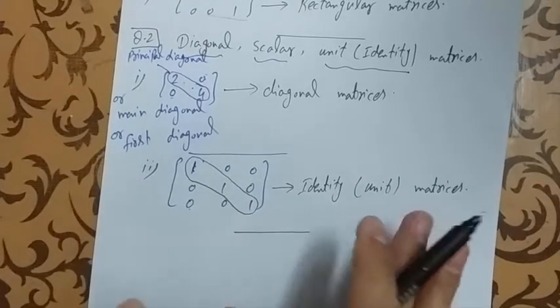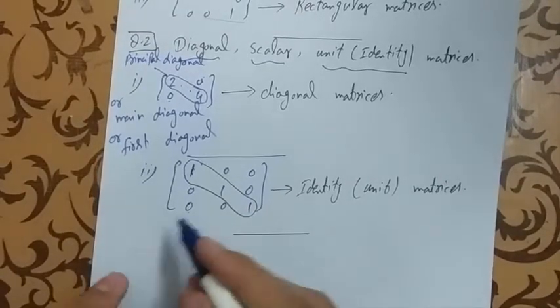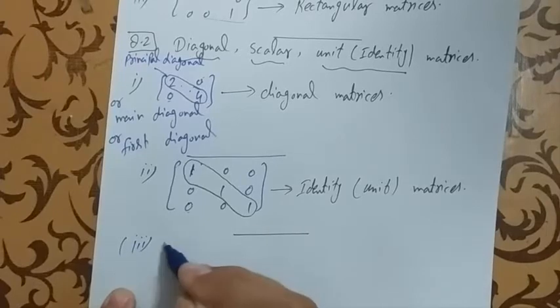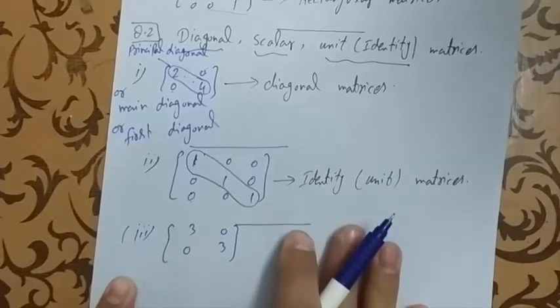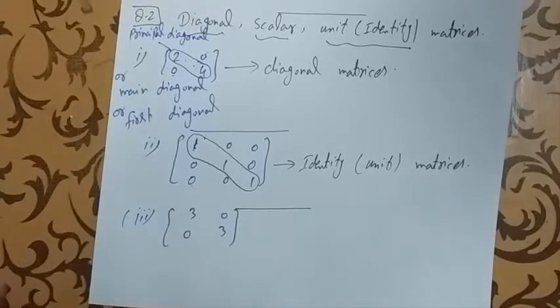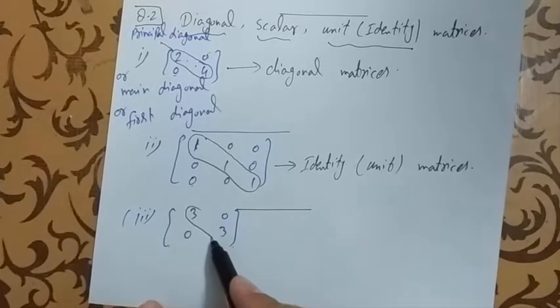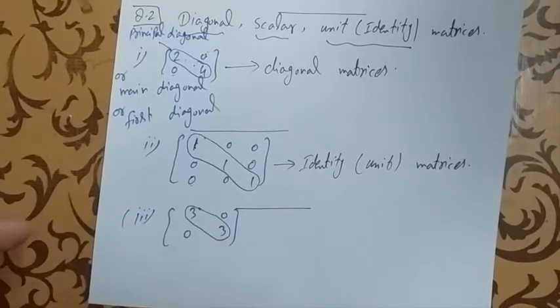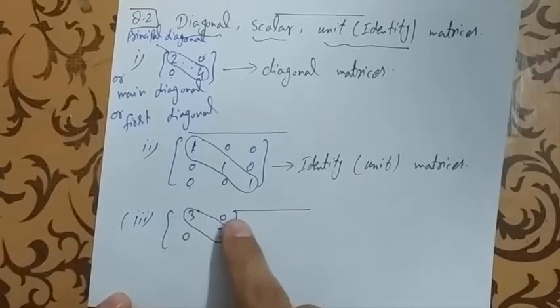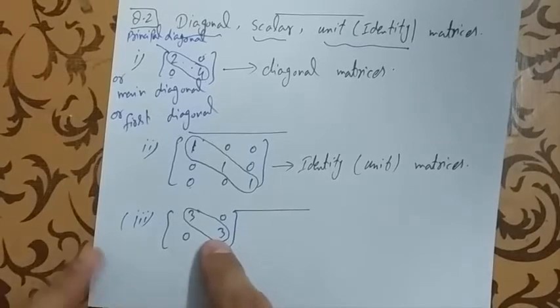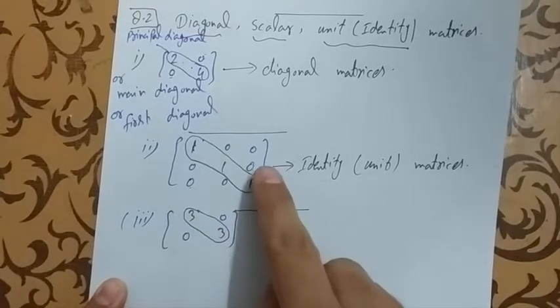The third one is 3, 0, 0, 3. Student, in this problem all entries other than the main diagonal are 0, but in the main diagonal all the entries are the same but not equal to 1.